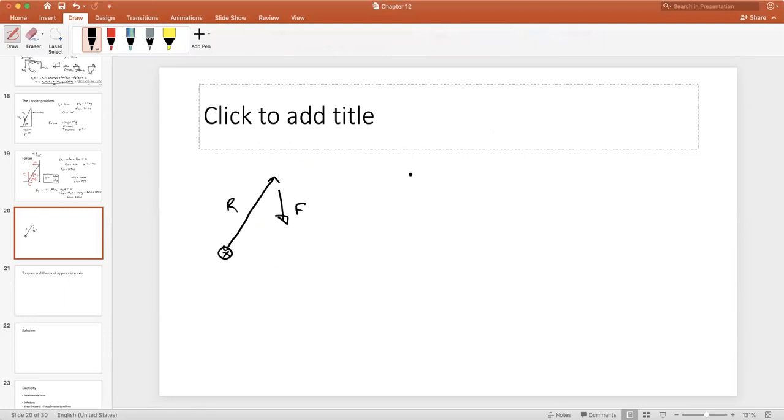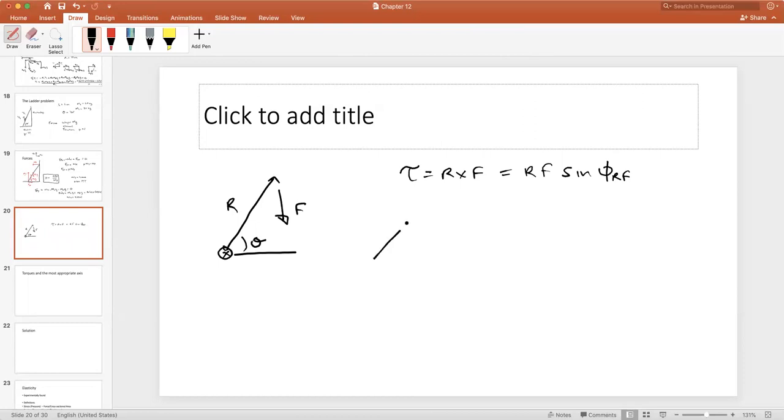We know that the torque due to this force is going to be r cross F, which is rF sine of the angle between r and F. But that's our problem, because I know what this theta is, but I don't know what this phi is.